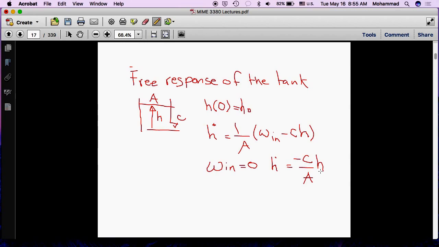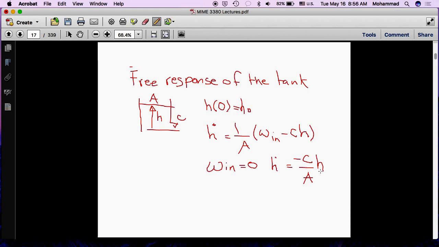So basically, you fill the tank, you let it go, what will start happening? The level of the tank will start dropping. And as the level drops, what happens to H dot? Its absolute value gets smaller. So the rate of decrease of the level itself goes down.